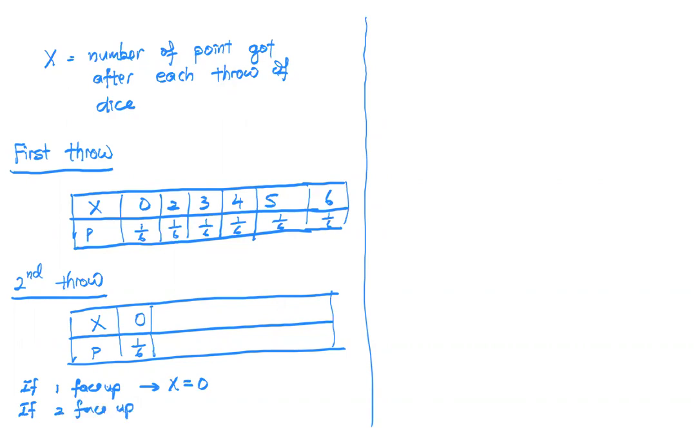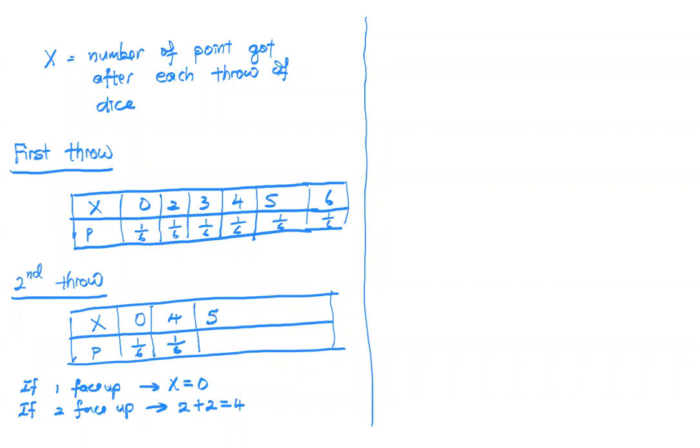Okay, if 2 faces up, I will get 2 plus 2. That is 4. So it goes on and on like that. Are you clear?